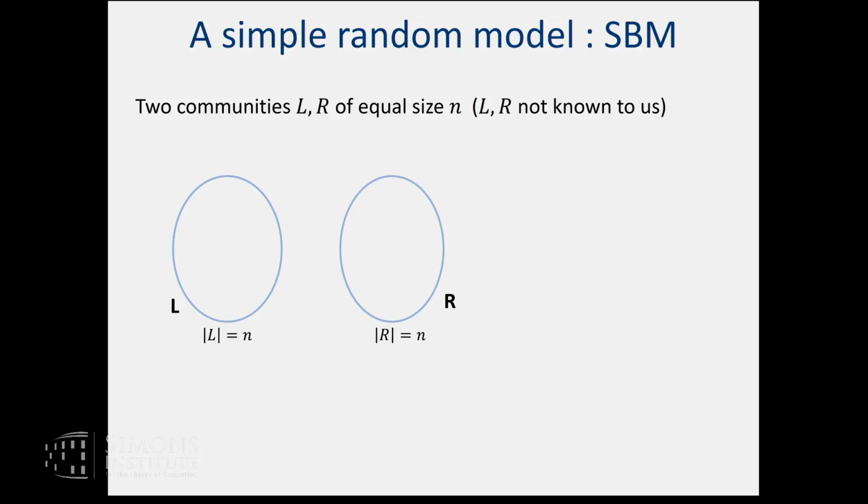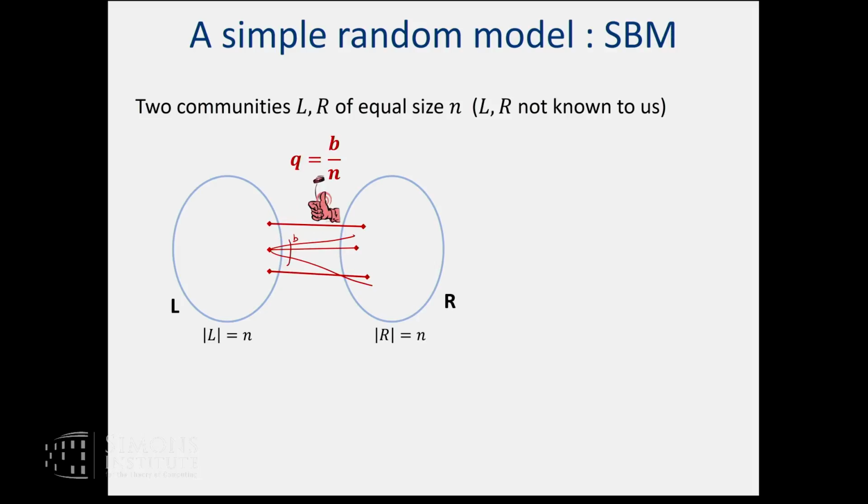So let's start out with a very simple average case model for graph partitioning. This is called a stochastic block model. For balanced cut, you have two pieces of equal size, let's say of size n each, and this is a hidden partition that's not given to you. The edges in the graph are generated as follows.